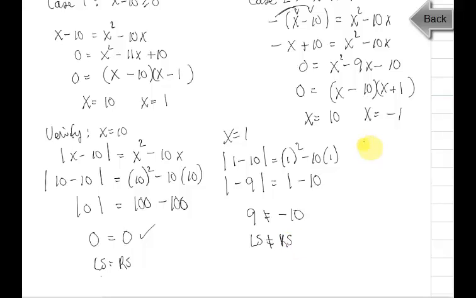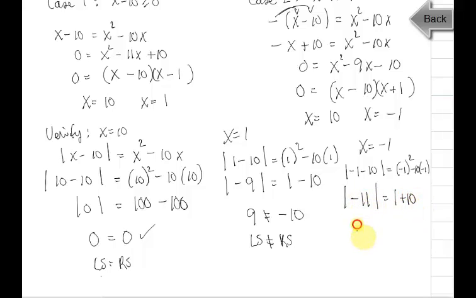And then we go to x equals negative 1. Plug that into the original equation, so the absolute value of negative 1 minus 10 equals negative 1 squared minus 10 times negative 1. In the absolute value bracket, we get negative 1 minus 10, which is negative 11. And that's equal to negative 1 squared, which is 1, and negative 10 times negative 1 is positive 10.